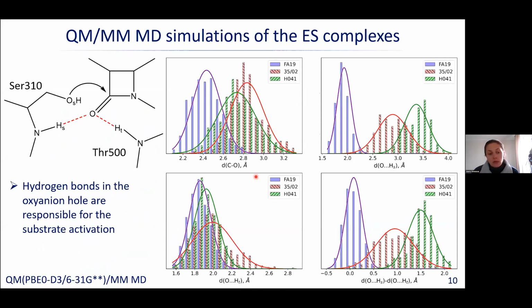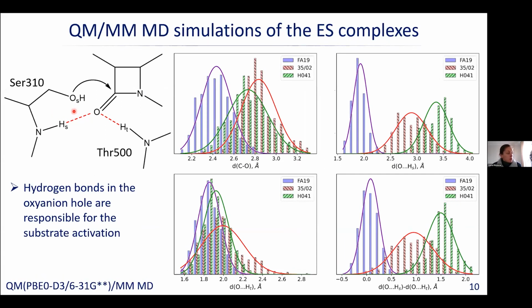So here we utilize the simplest criteria that are based on geometry parameters. This is the catalytic serine residue that initiates the nucleophilic attack. And as geometry parameters, we used the nucleophilic attack distances and also hydrogen bonds that are responsible for the oxyanion hole formation.